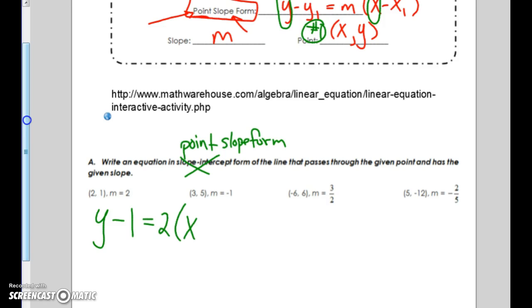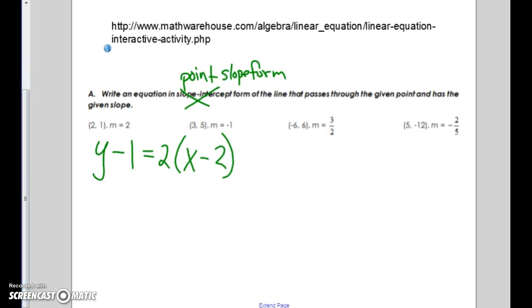Remember, you don't plug in for x, but my x value is 2. Very good. Are we good? So really, this is just my m. This is my first x value from the point they gave me, and this is my y1 value.